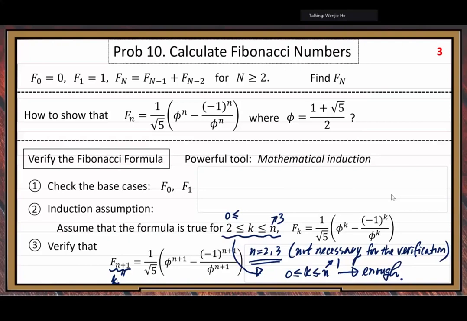If we can enlarge the range to make the upper bound go to infinity, then we can prove the formula is always true. That's the main idea of mathematical induction. So here you can see we only need to do the last step, the verification, the critical step.